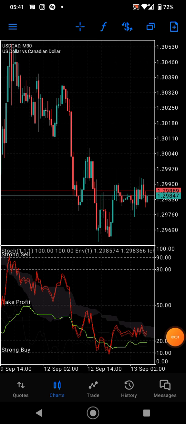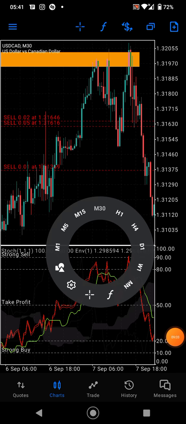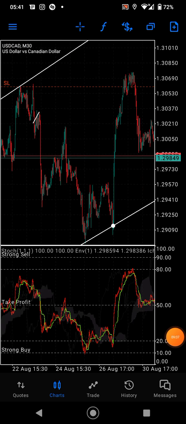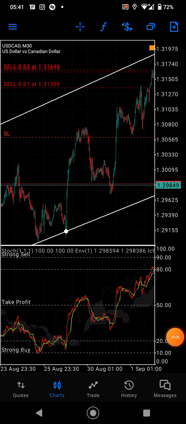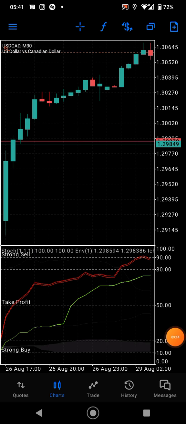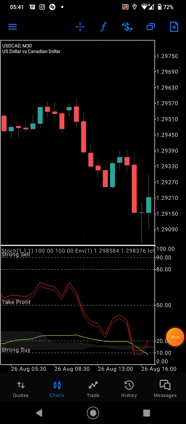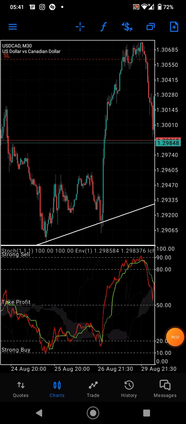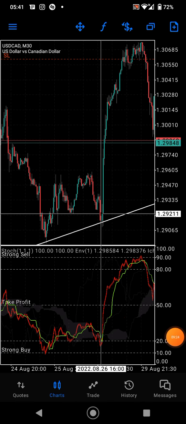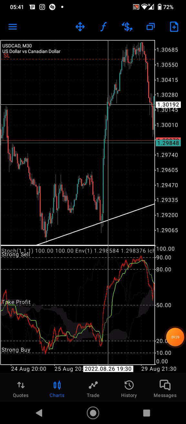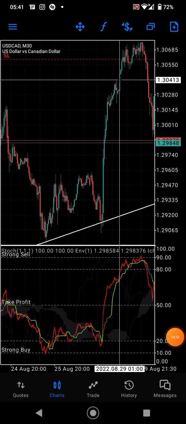Let's just zoom out. You could have still come to this and capitalized on this area right here, after it touched here and just impulsed upwards again.